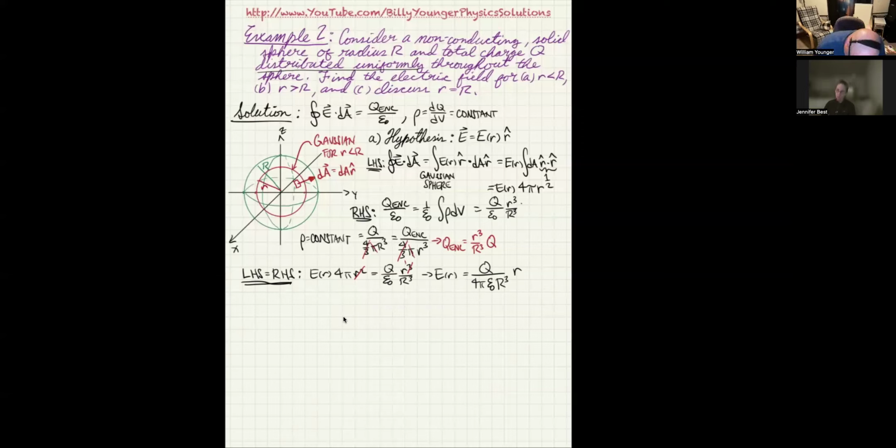And we can finally say that using our hypothesis, E is equal to Q over 4 pi epsilon naught R cubed times r hat, like that.